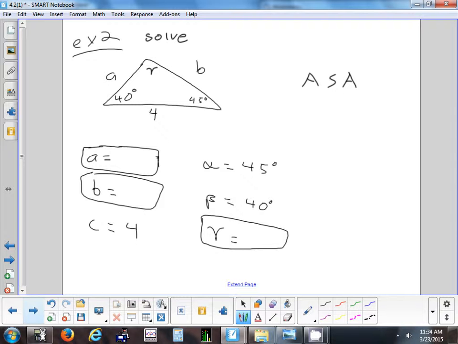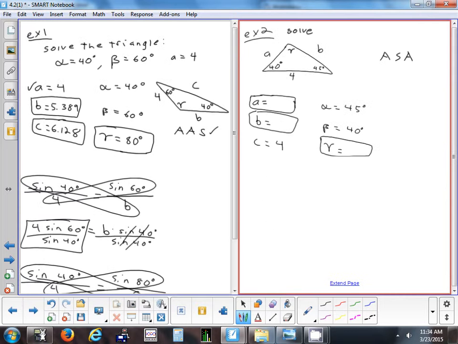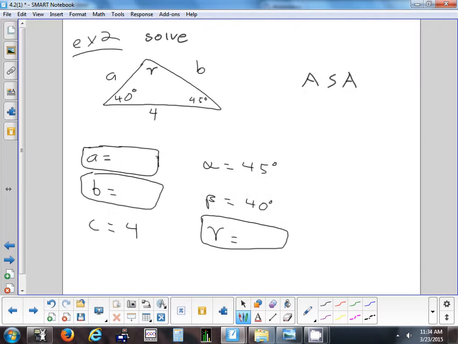Now you might have noticed, to use law of sines, you've got to have a row in your table that's already complete. In the last problem, that was the top row. Well, in this problem, we don't have a row that's complete. But is there something that I could find that would make a row complete? Yeah.